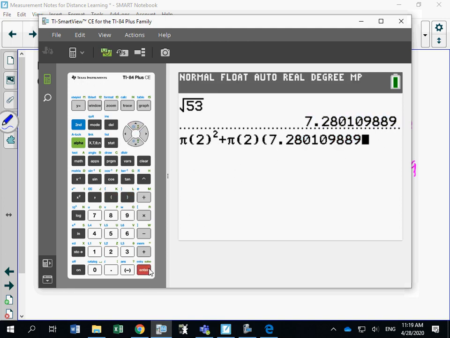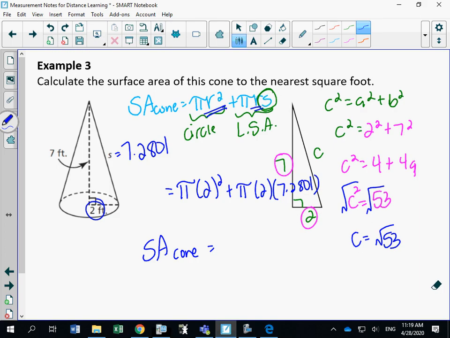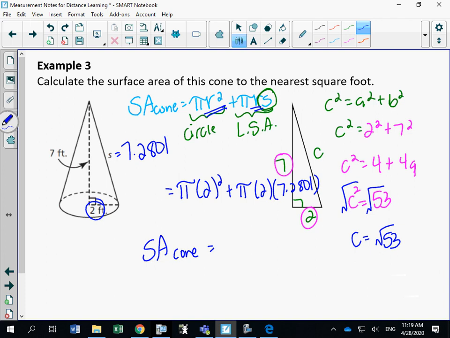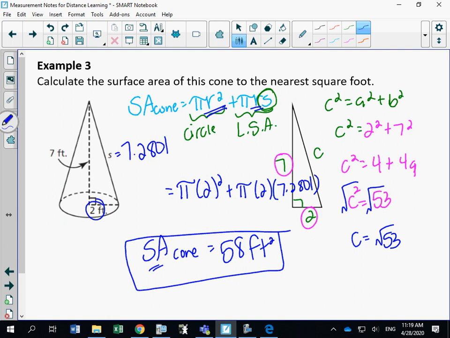I'm going to use the entire number because I don't want to round until the end. And that is my surface area. They want me to round to the nearest square foot, so that means no decimals, 58 feet squared. Because remember, surface area is squared. And that would be your answer.